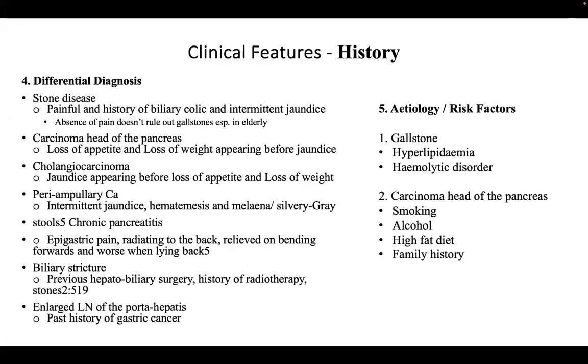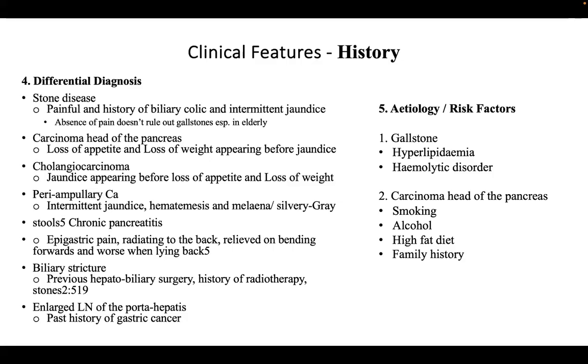Any interventional therapy that has been done can cause a stricture, any instrumentation that has been passed through. Then any enlarged lymph nodes. For the enlarged lymph nodes, again, you need to ask for any past history of gastric CA or lymphoma or breast CA.